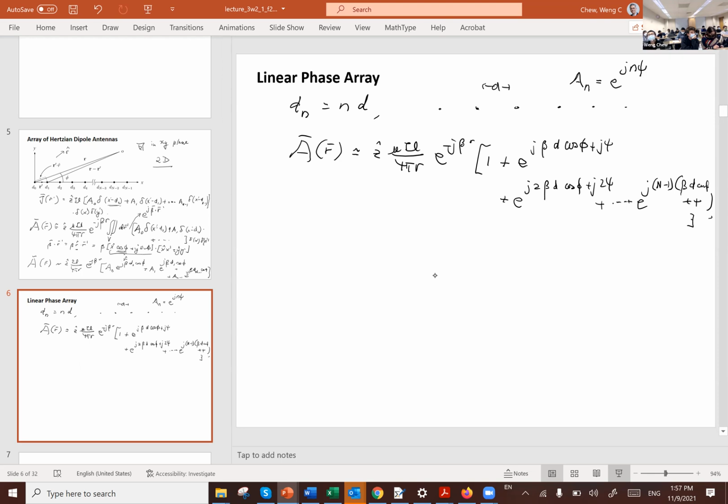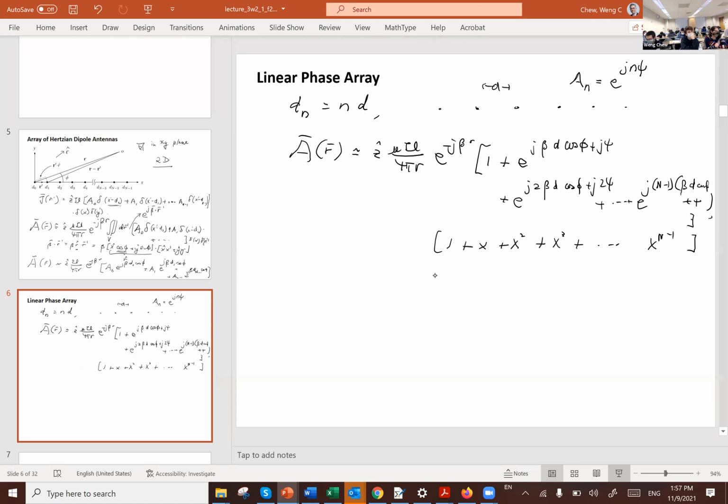So what you notice is that this sum can be summed in closed form because it is of the form 1 plus x plus x squared plus x cubed, up to plus x to the n minus 1. If you look at this sum, all of us know how to sum this series from high school.